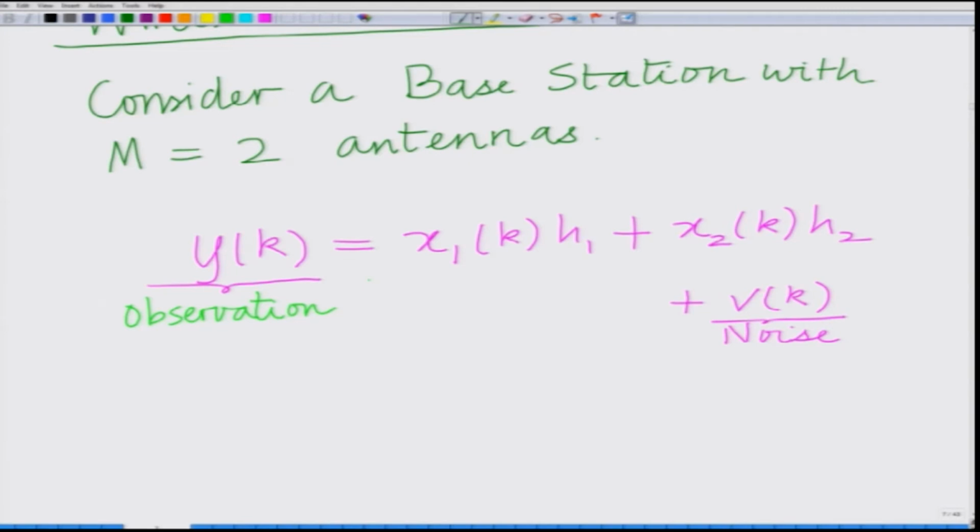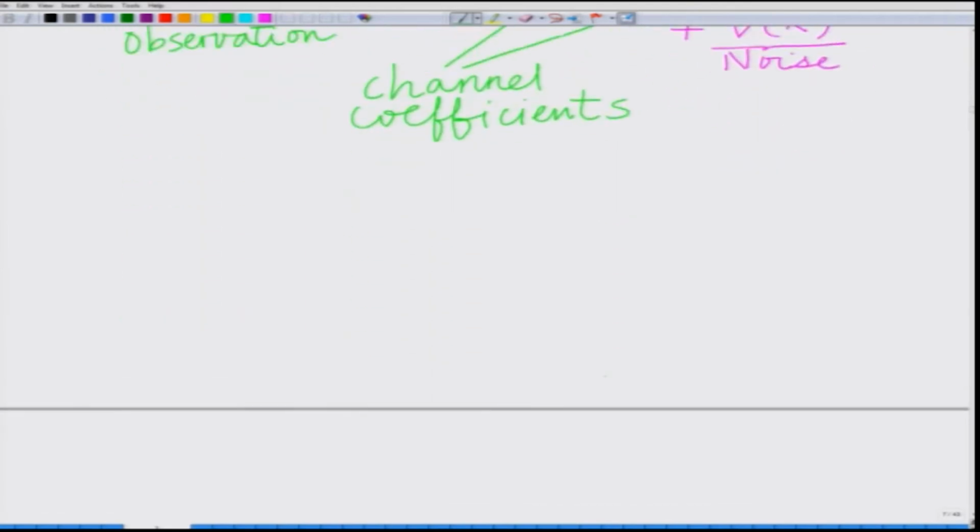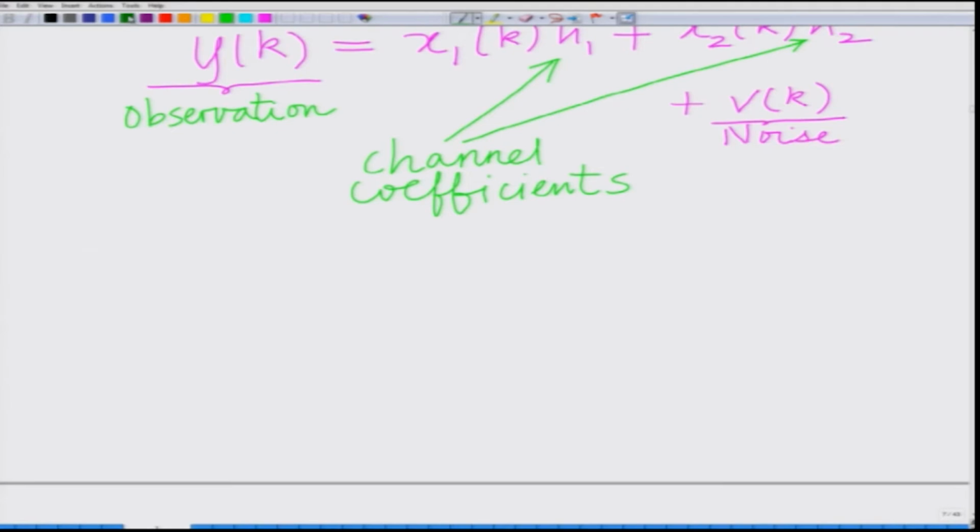Okay, and we have h1 and h2, these are the two channel coefficients of the multi antenna channel.